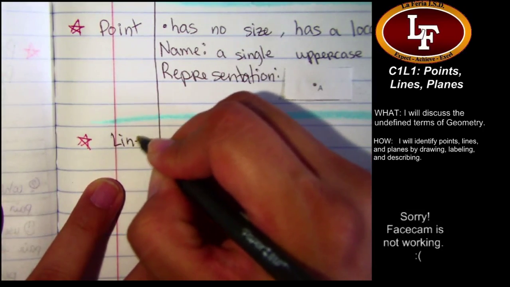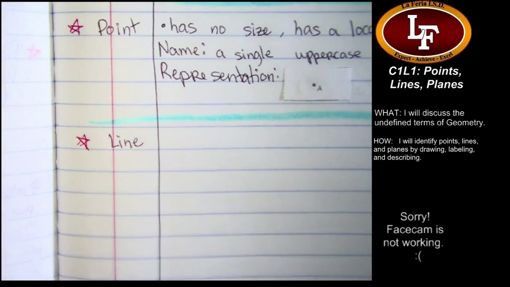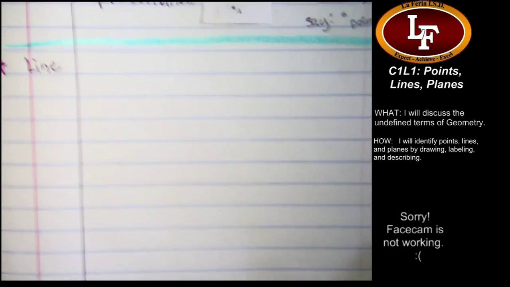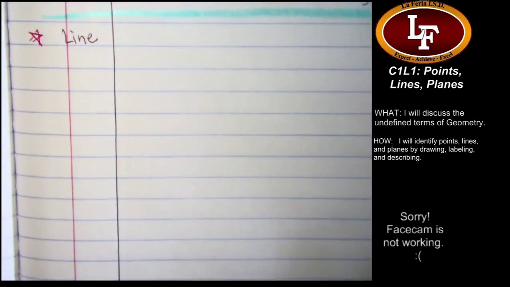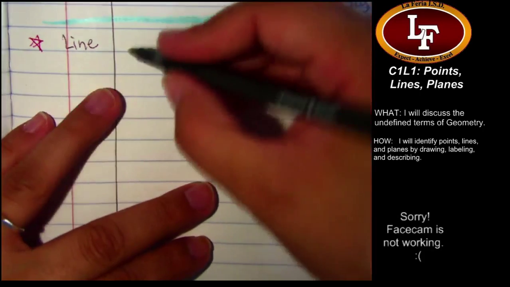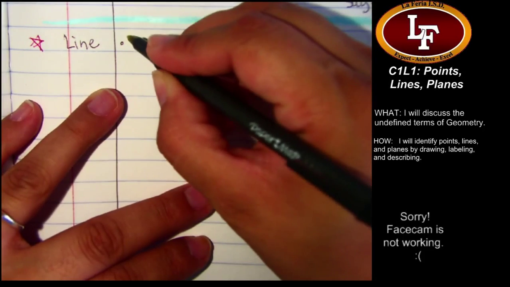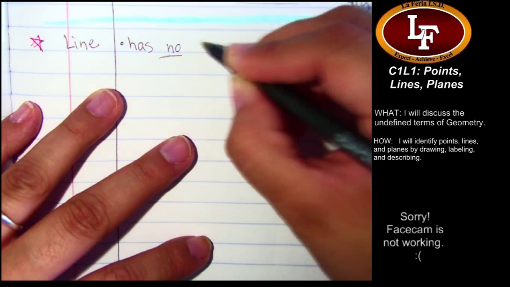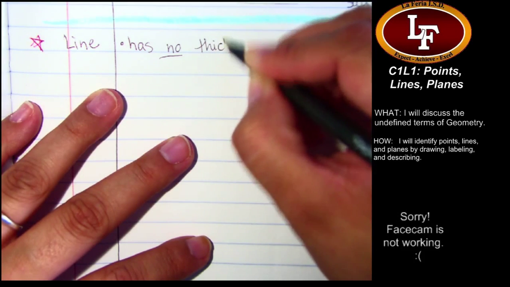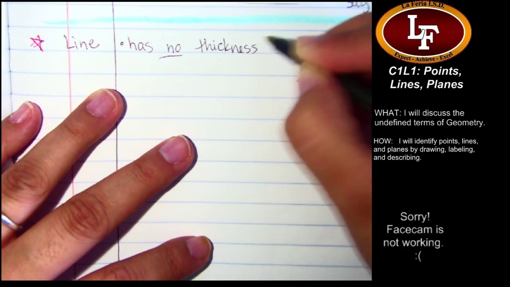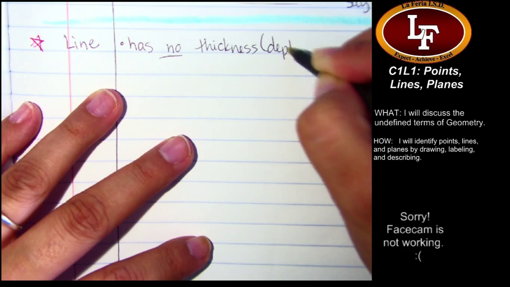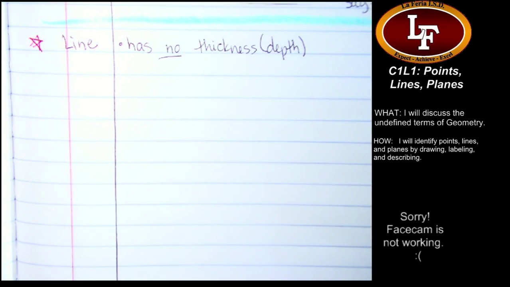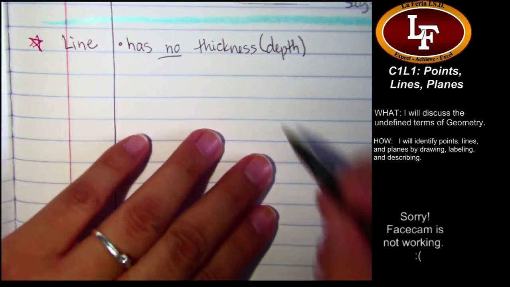All right, the next one is line. Again, undefined term, so I can't tell you what a line is, but I can tell you what it's like. A line has no thickness. We're also going to call thickness depth, so we'll refer to it in both ways.